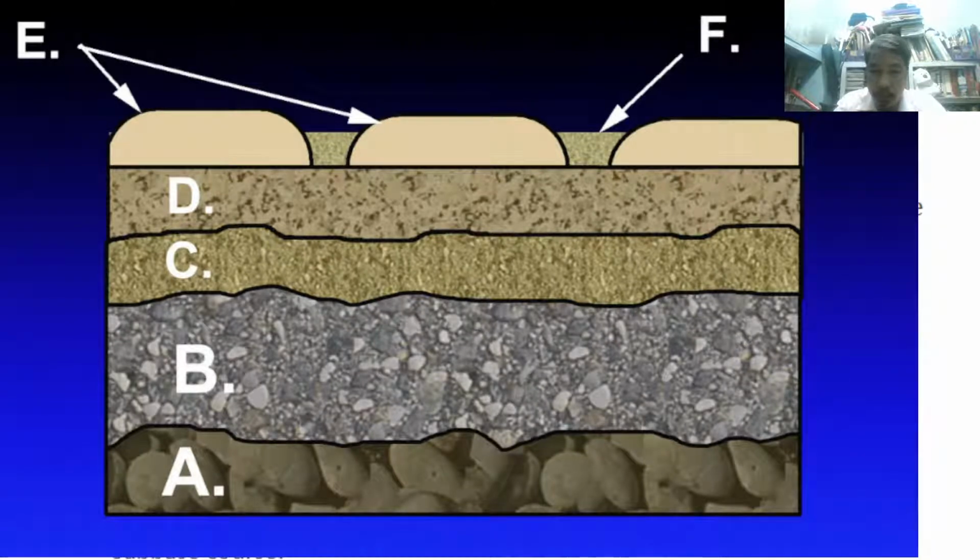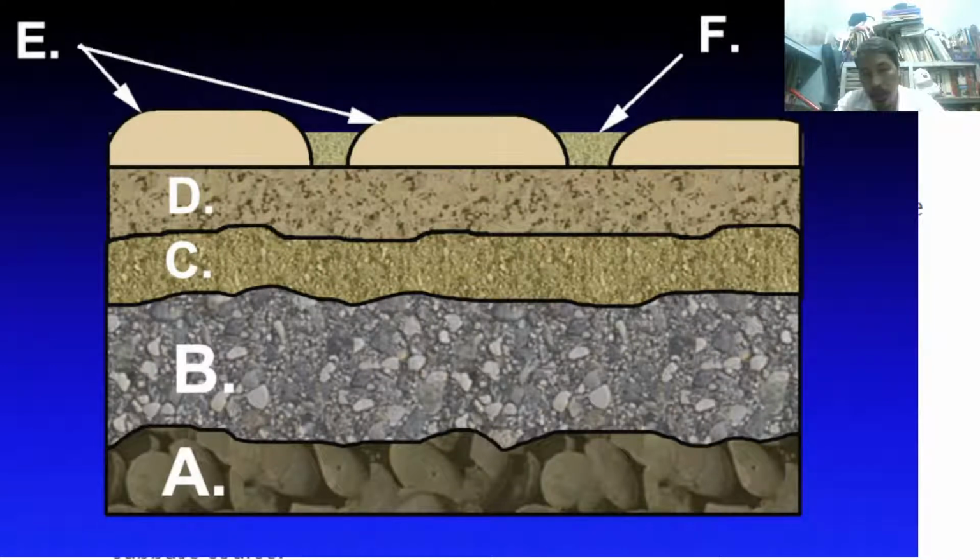Letter A, that is what we call subgrade. As you can see, the subgrade is more on big diameter granular materials, maybe bigger than gravel, or maybe the size of gravel. So it is supposed to be bigger.